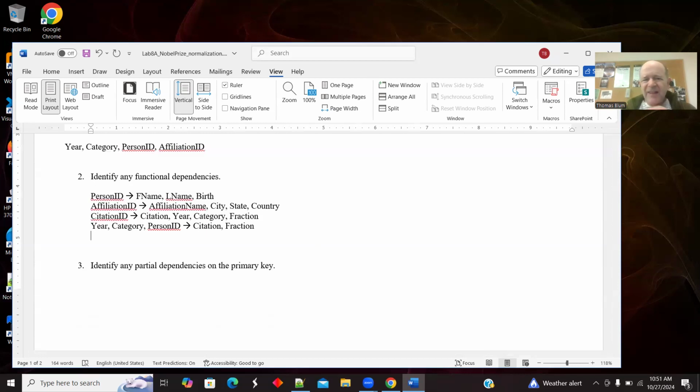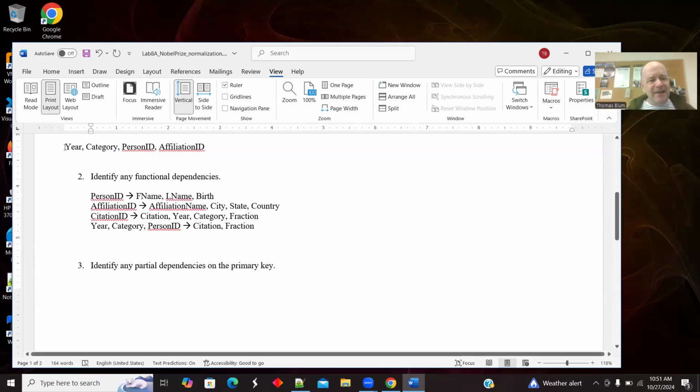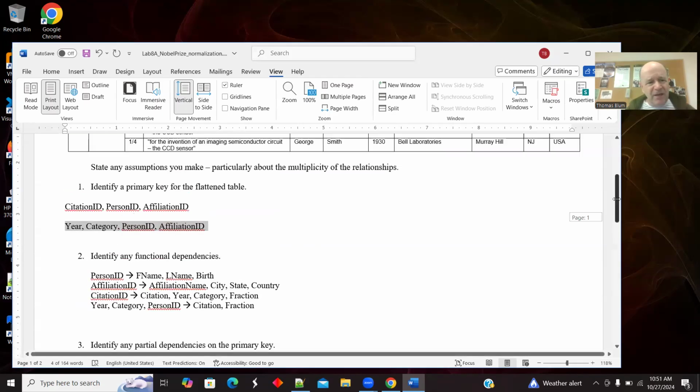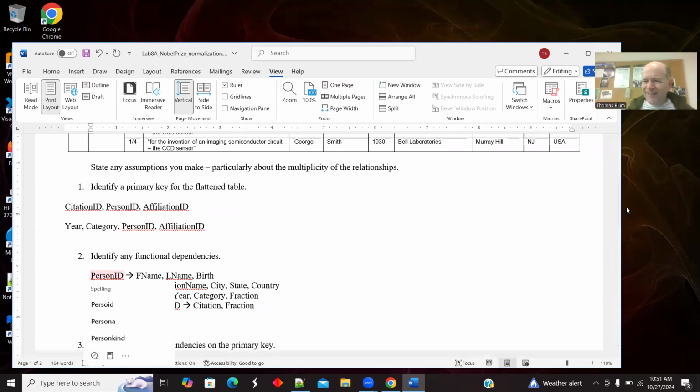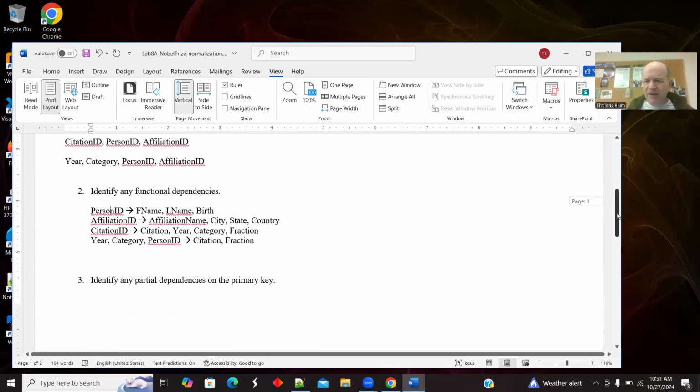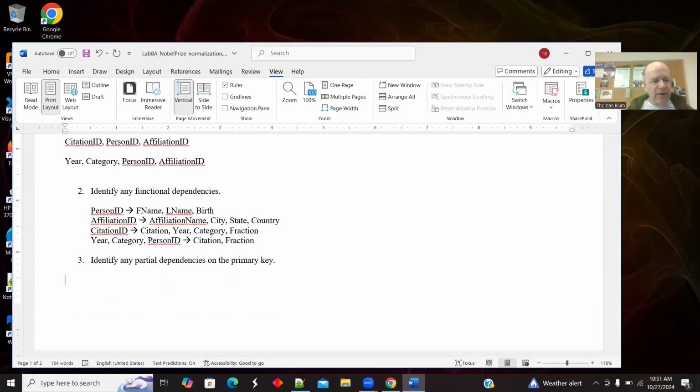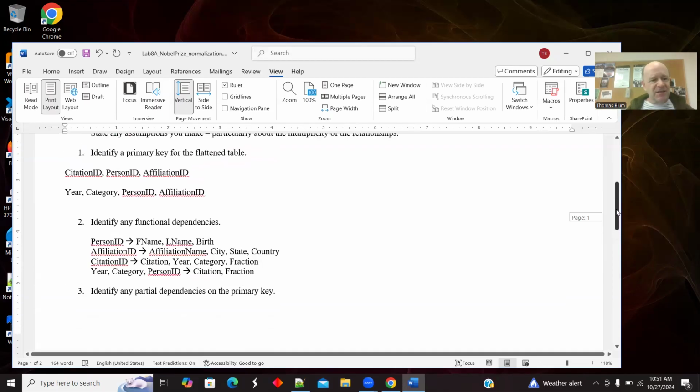Again, the primary key, or its candidate key, gives you everything in the row. But there are little things in the row that can be determined by other things. And then we ask in this normalization process, are any of these partial on the primary key? So let's go with the first primary key, citation, person, affiliation.